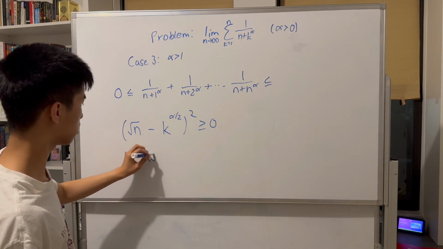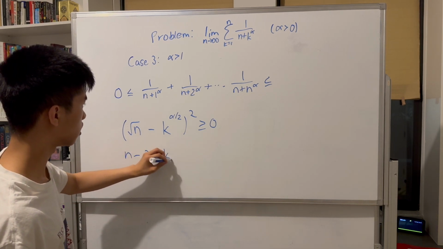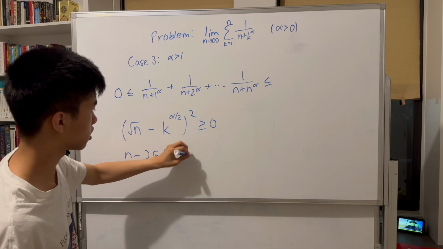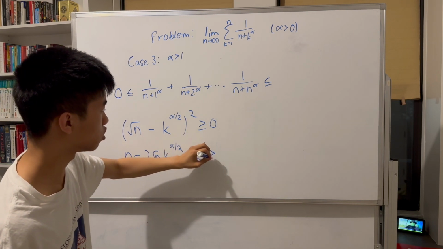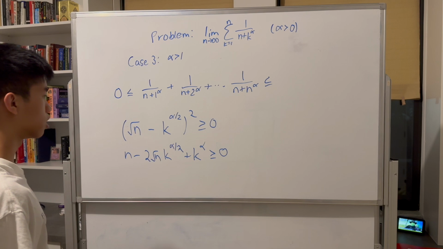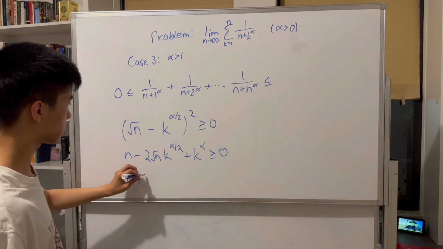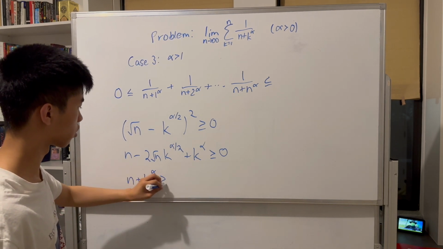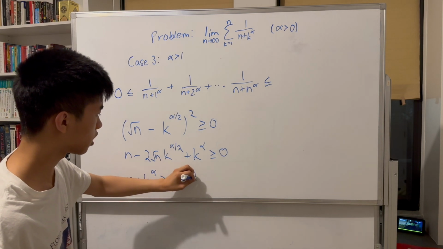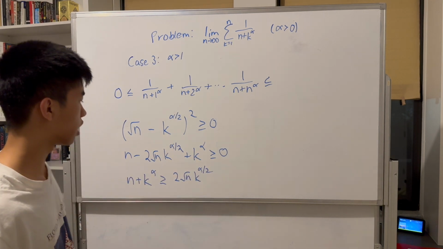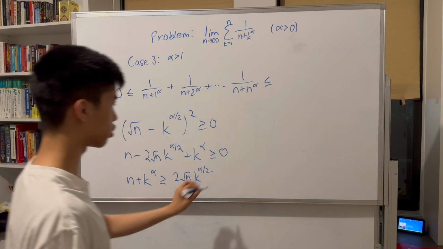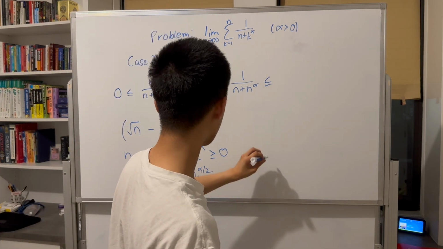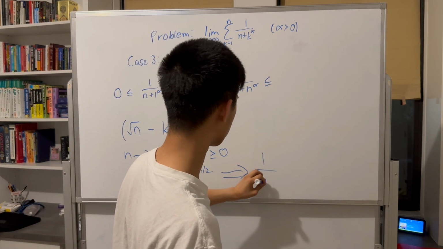We get n minus 2 root n k to the alpha over 2, plus k to the alpha is greater than or equal to 0. So then we know that n plus k to the alpha must be greater than or equal to 2 root n k to the alpha over 2. And because we know this, we know that the reciprocals must have the exact opposite inequality.